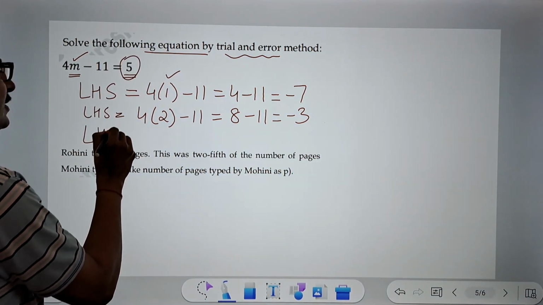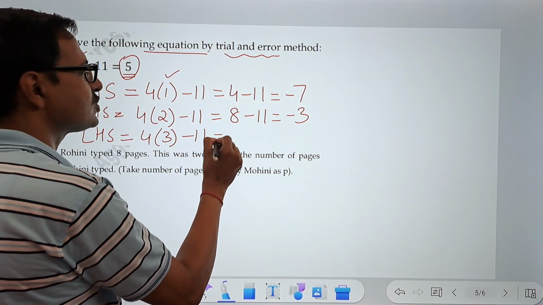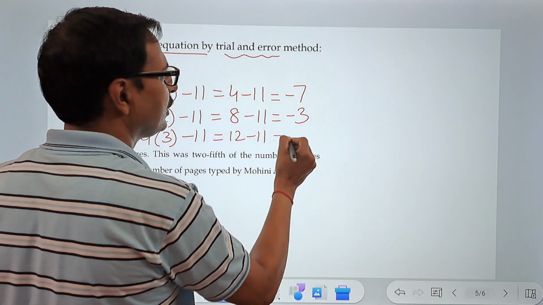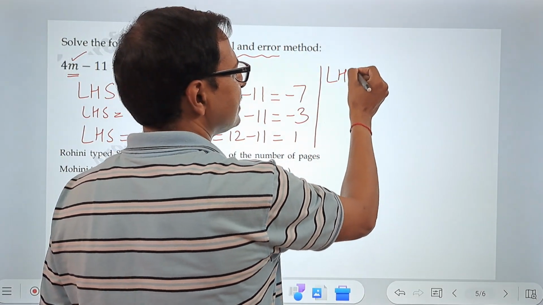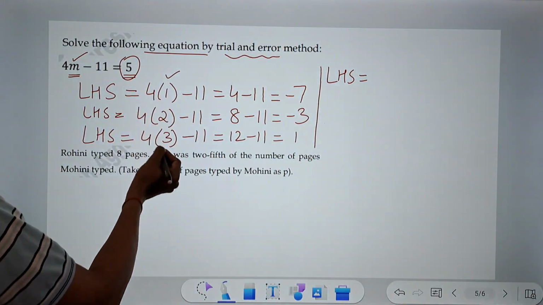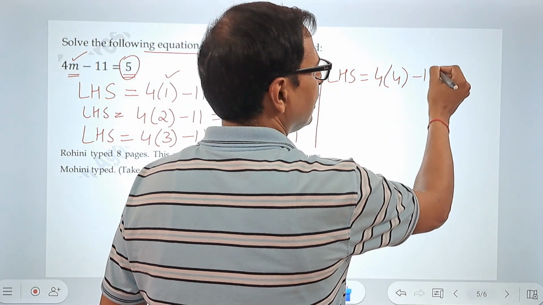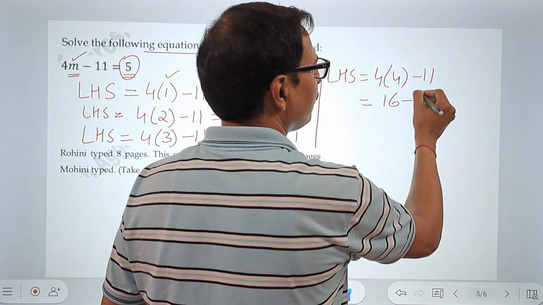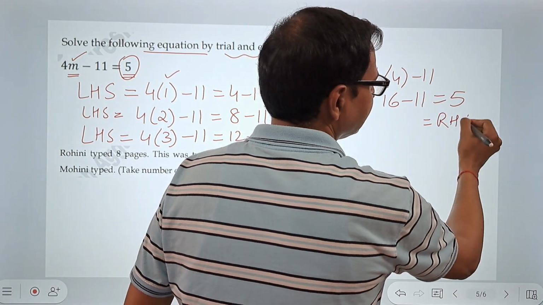So the left hand side when m is 3, you keep on putting like this. 12 minus 11. This is not going to give you 5 again. Let's put LHS. We have 4 times, now we are putting 4. So 4 times 4 minus 11. This is 16 minus 11, and fortunately I have 5, which is the right hand side.